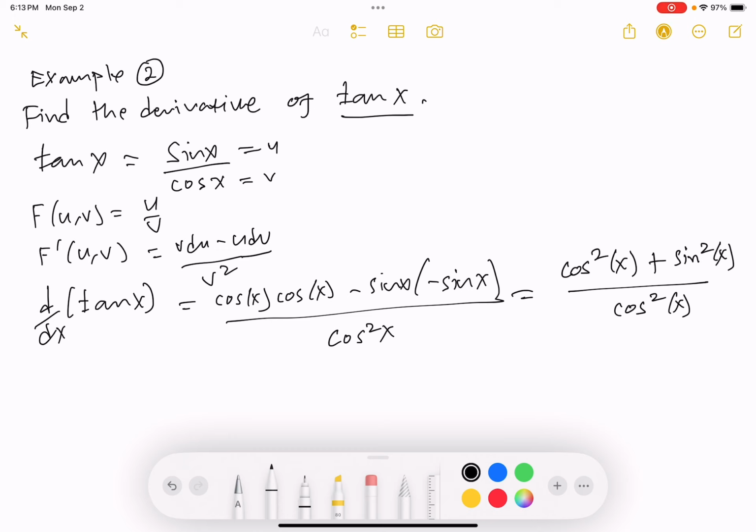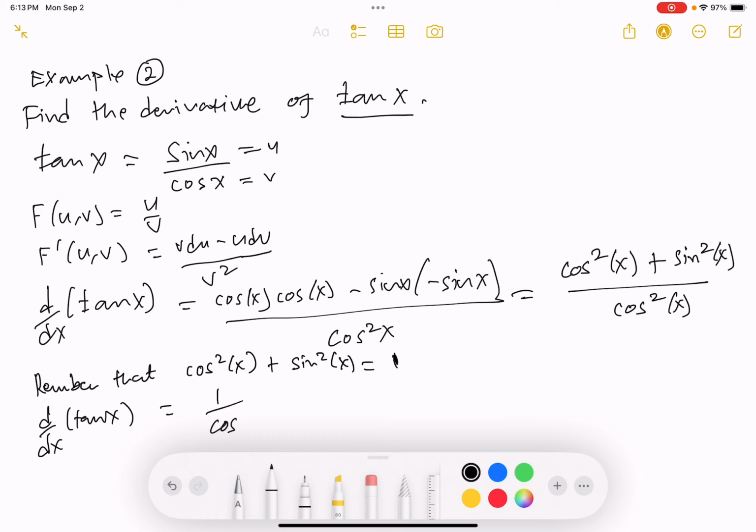Remember that cosine of x squared plus sine of x squared gives you 1. So which means d dx of tan of x is equal to 1 over cos squared x.